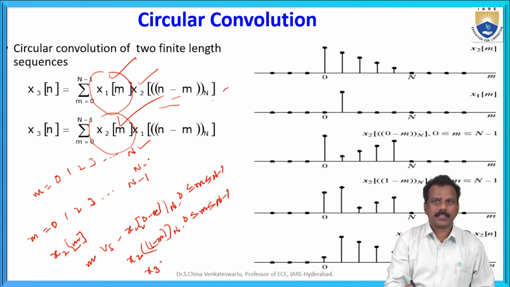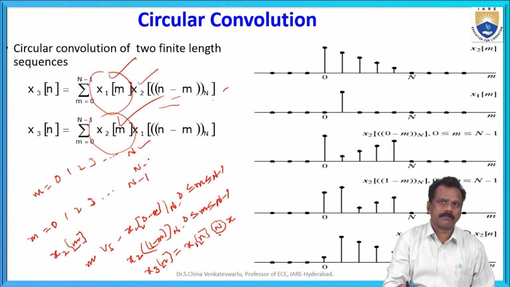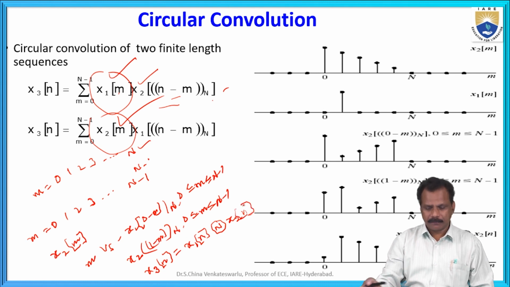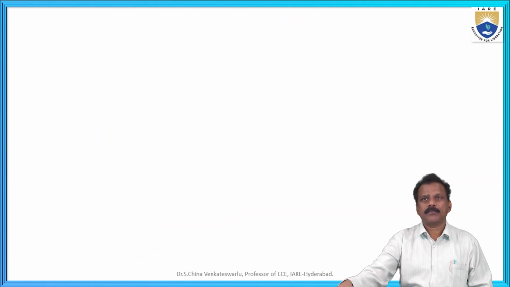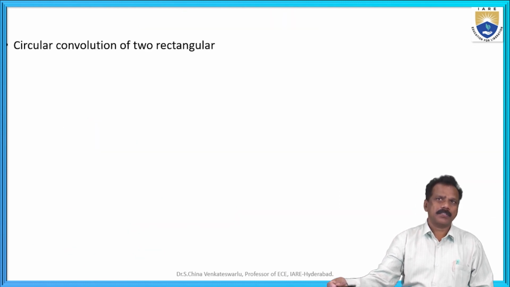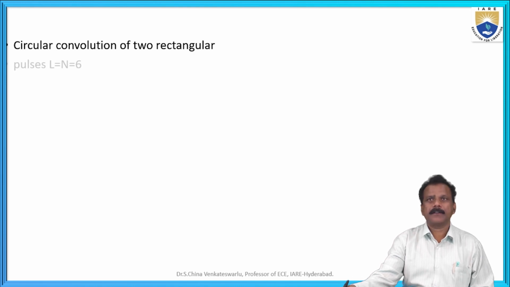Finally, x3 of n is equal to x1 of n circularly convolved with x2 of n, modulo N. Like this, we have to verify this particular value: the circular convolution of two rectangular pulses where L is equal to N is equal to 6.